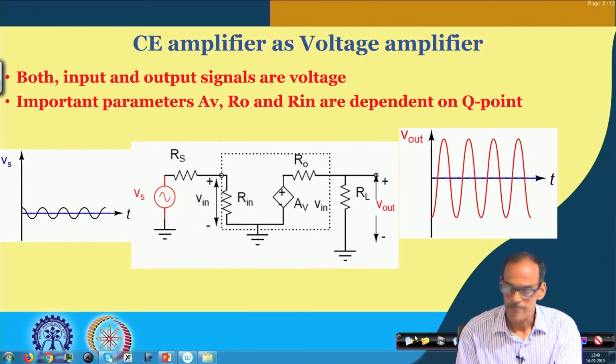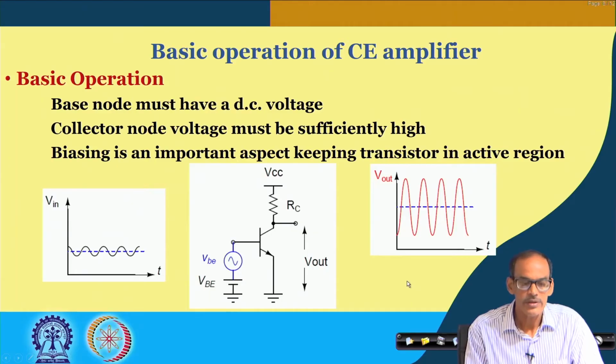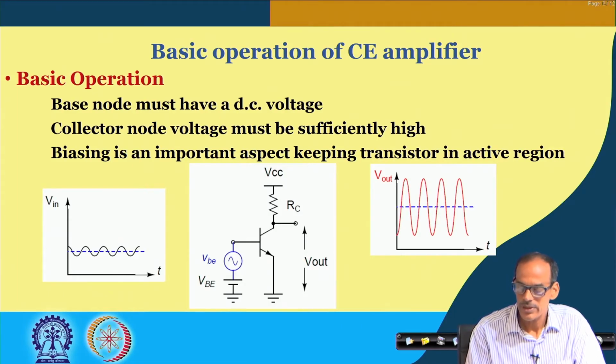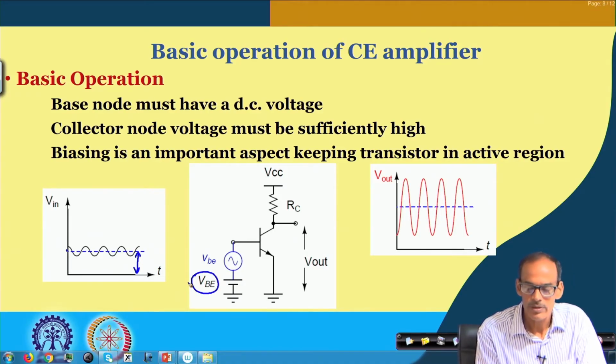Okay, so what we are considering now is the practical biasing circuit. As I said, the requirement is that at the input we have a signal riding over a DC voltage, which in this case we call VBE.